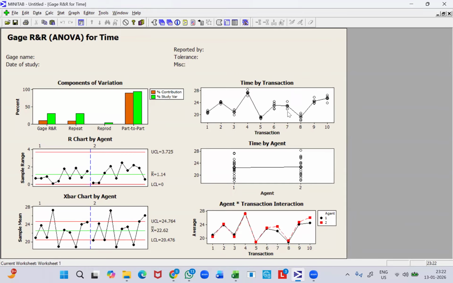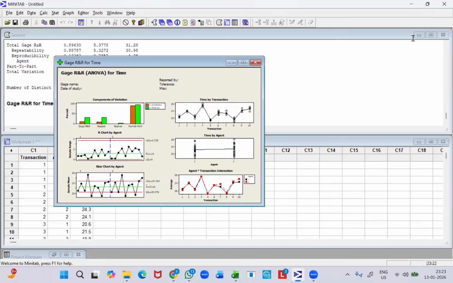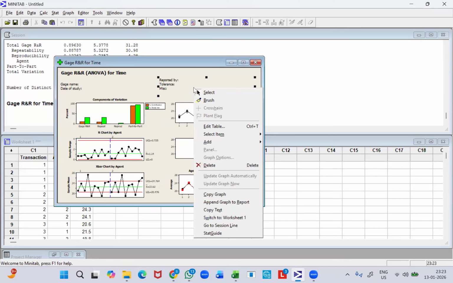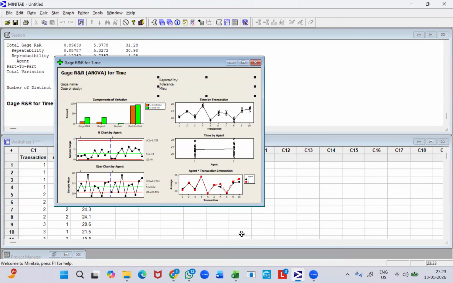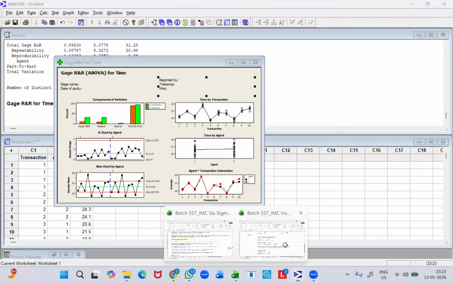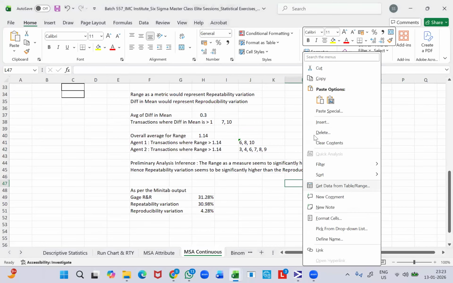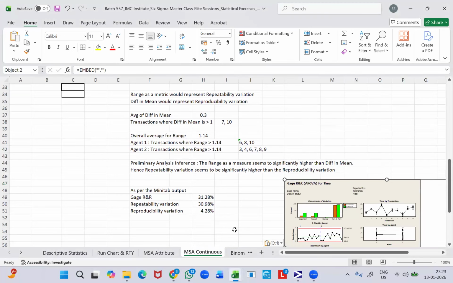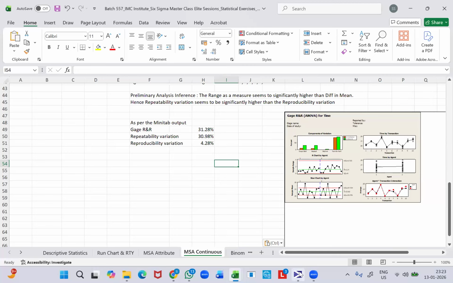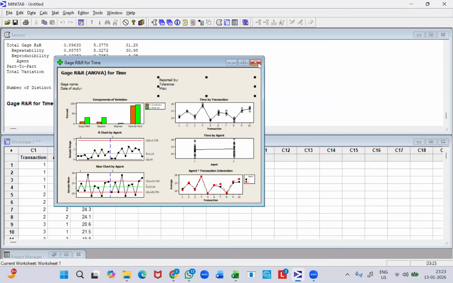So this is how we need to interpret all these graphs. Let me just copy paste this graph in the exercise file. So this is about continuous data measurement system analysis.